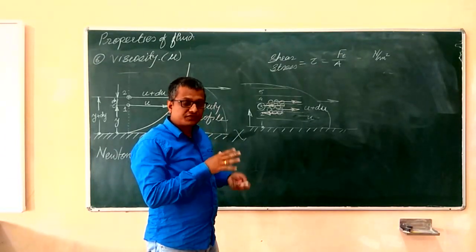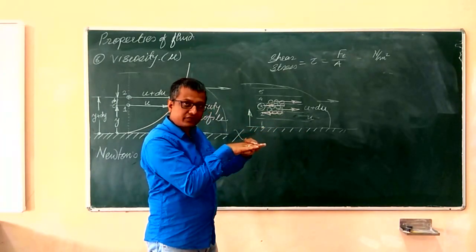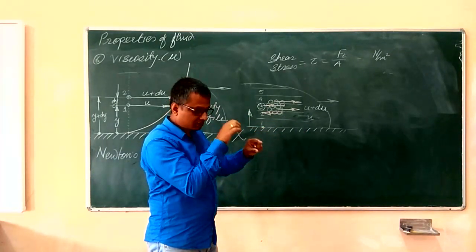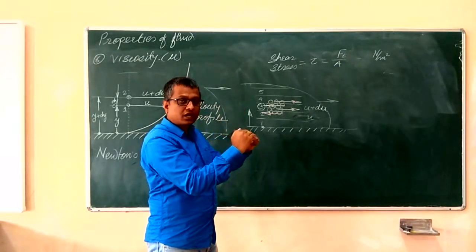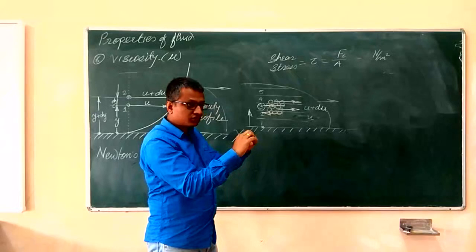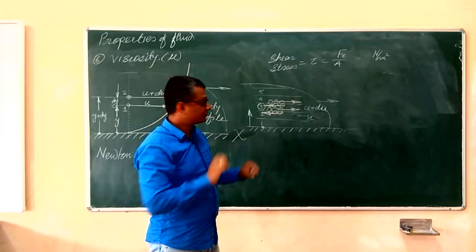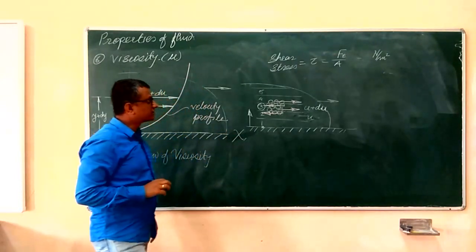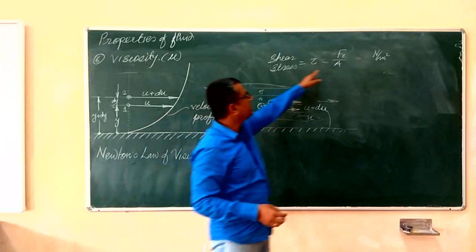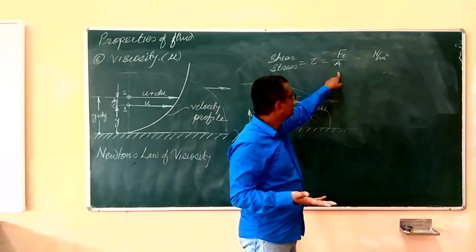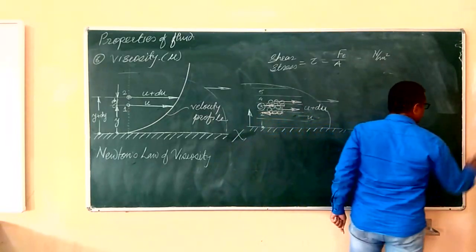If the fluid is flowing in the positive x-axis direction, then a layer will exert a tangential force in the reverse direction onto the layer above it, and the same layer will exert a force in the forward direction onto the layer below it. So that's the phenomenon, and that tangential force acting per unit area of that layer is known as the shear stress, a term we have already seen.